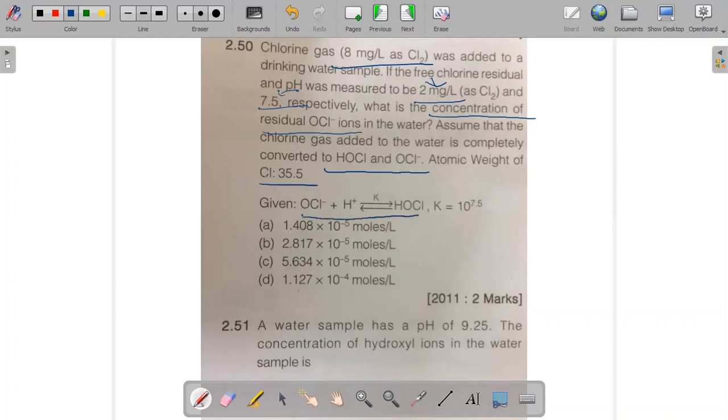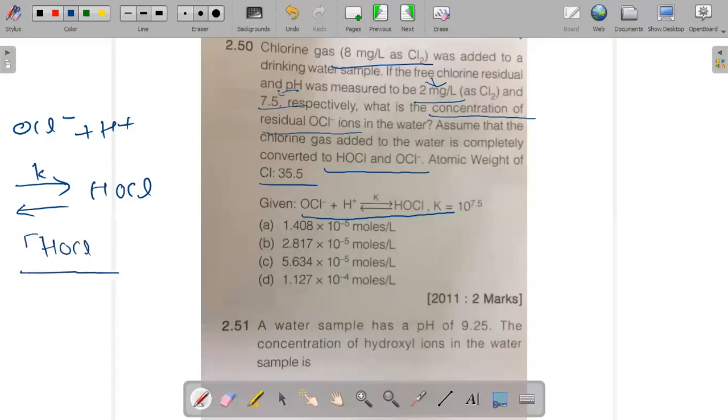We have been given an equation: OCl minus plus H plus gives HOCl. So we have HOCl. By rearranging it, we'll get OCl minus times H plus, divided by HOCl, is equal to K, and the value of K given is 10 to power minus 7.5, and we have a pH of 7.5.